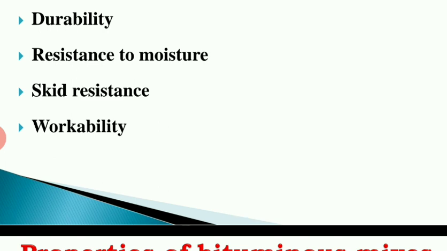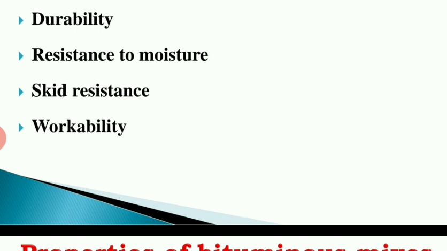They should form a bond between the aggregate particles, and the bituminous material and the aggregates should not separate whenever load is applied with wear and tear, right? That time it should retain its binding property attached to the aggregate.